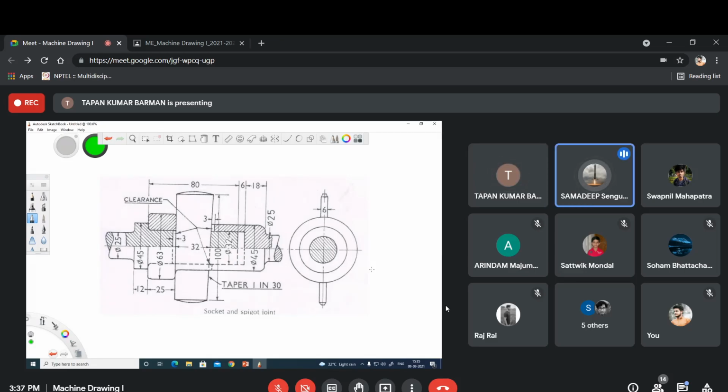Should we draw it orthographically or just the structures? No, orthographic projection. Two views should be there. Okay.